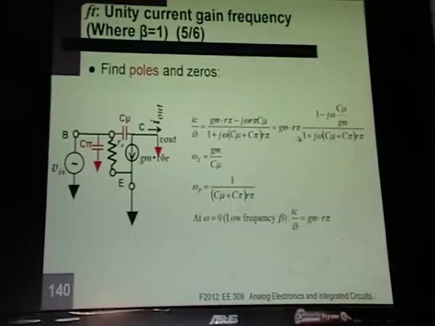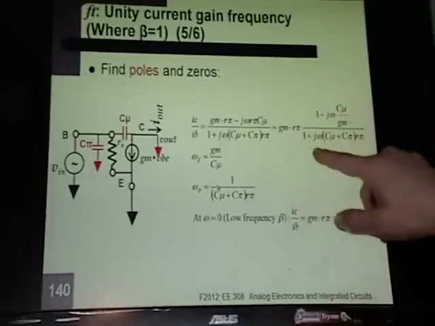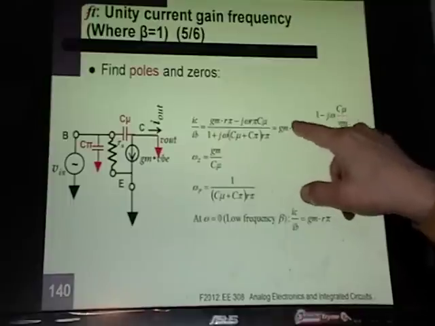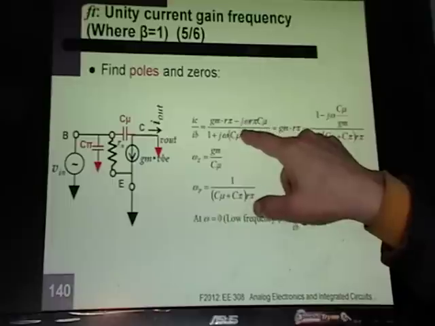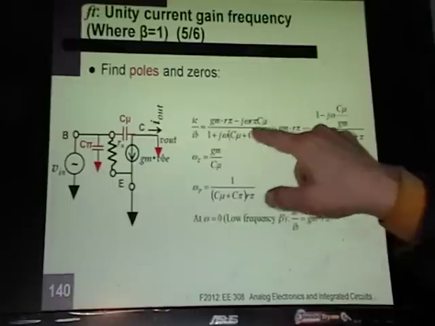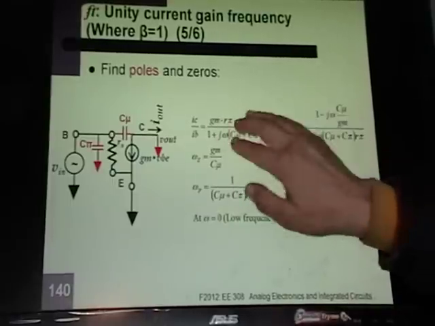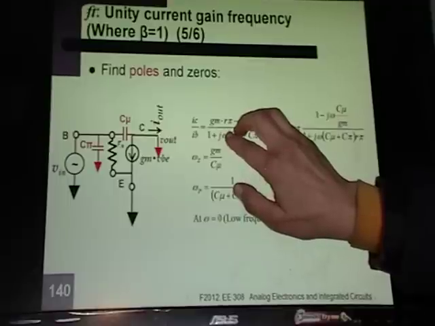So GM R pi, that's your R in, your beta, your low frequency beta, and then here's your frequency term. You always like to pull out the original value, the low frequency value. And if you don't know what the low frequency value is, when you get this messy equation right here, just replace omega with 0, and that'll tell you what your low frequency value is.